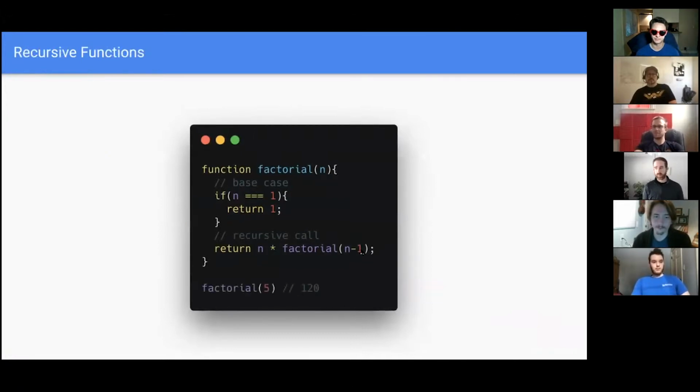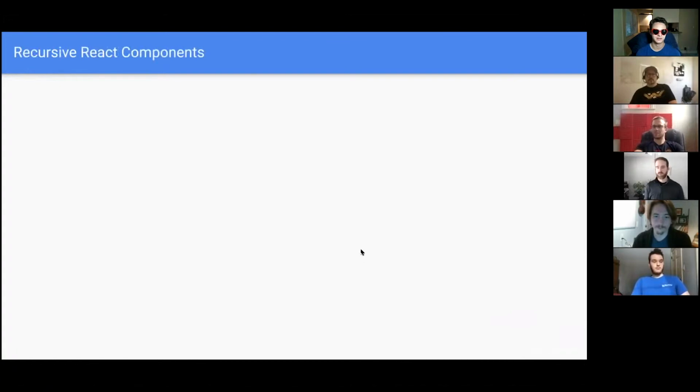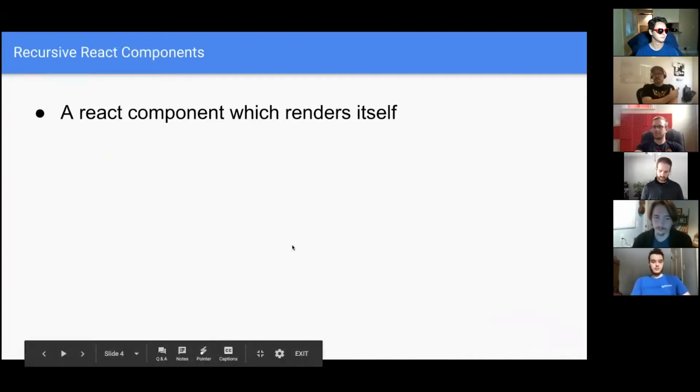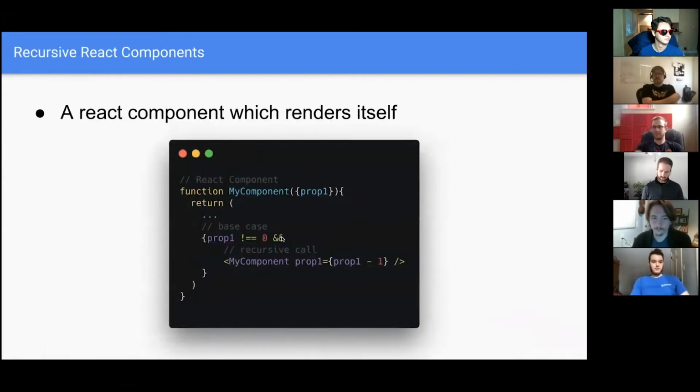Just like we can have recursive functions, we can also have recursive React components. A recursive React component is a React component which renders itself. A component in React either renders or renders other components, so in the sense of recursion, it would render itself. Here's an example of a recursive component. In React, a component can actually just be a function.